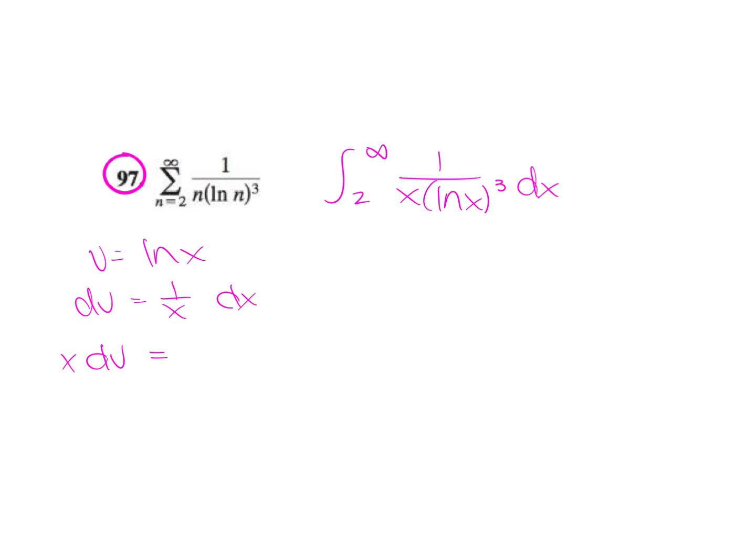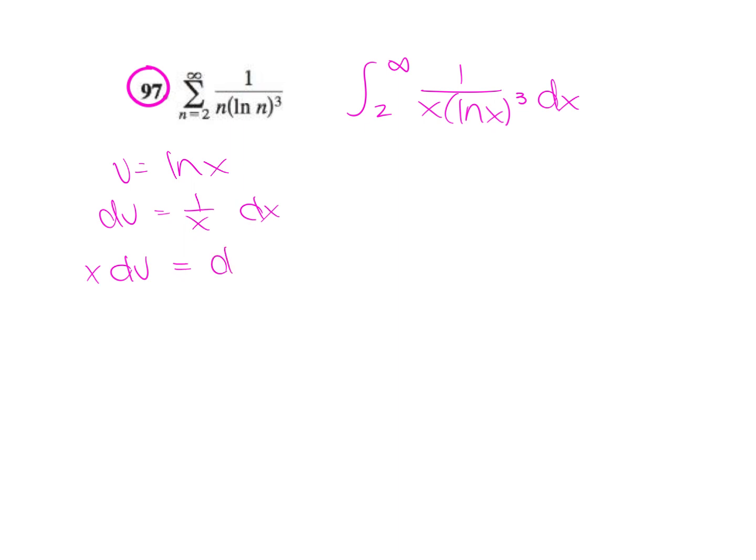So if I kept going here and showed my actual work, this would be the integral of 1 over x by itself times u to the negative third. Instead of my dx, I'm going to put in x du. My x's cancel.